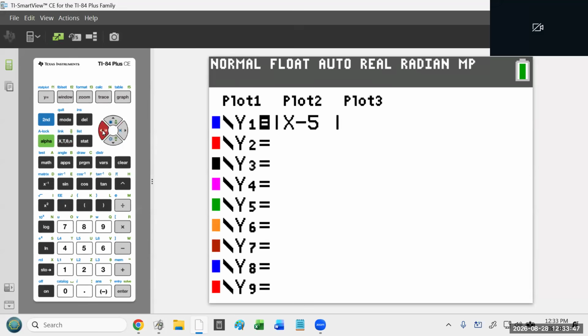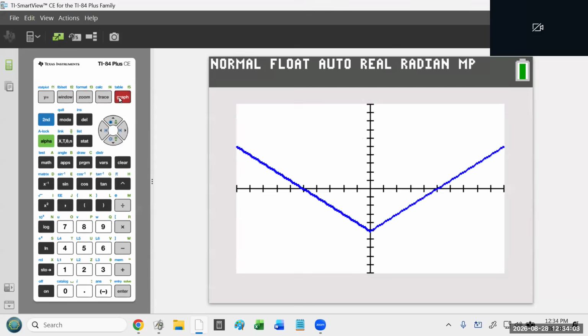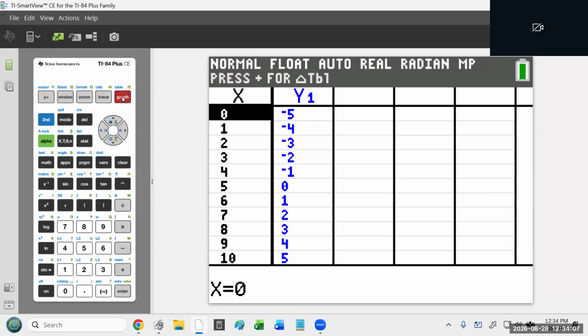Because now I'm going to go back, back, back, and I'm going to delete the negative, I'm going to delete the 5, and then I'm going to go over, over, over to -5 on the outside. That's how it should have been typed. Okay, the -5 should have been outside the absolute value, not inside. And then I hit graph, and this is what I'd want. And again, to help me build this, I would have hit second graph, and now I'm looking at the table.